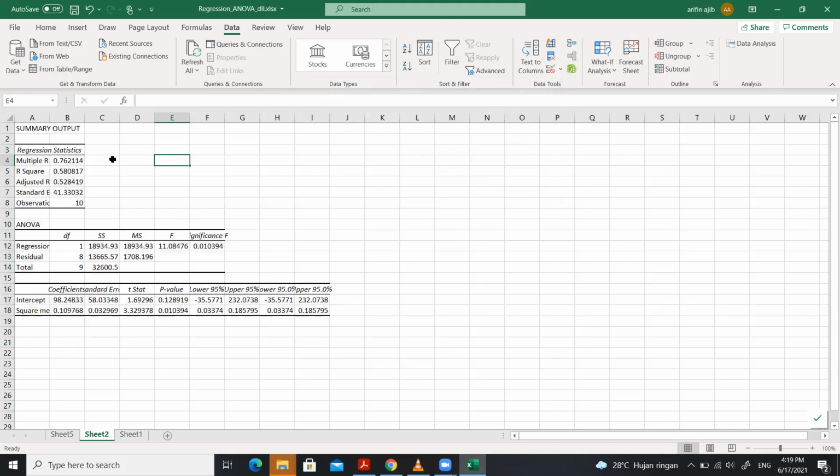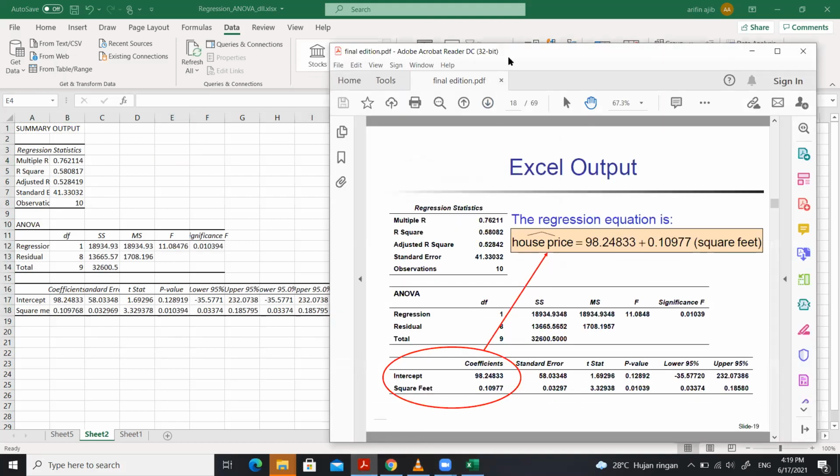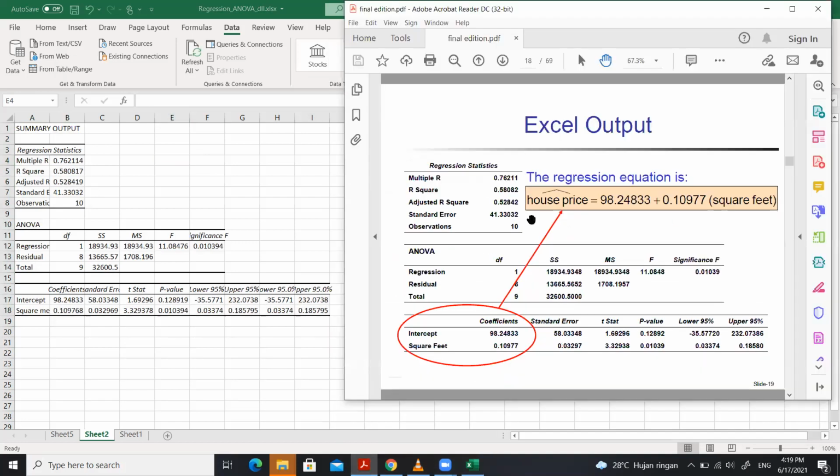You got this output. If we compare to this one, it will be the same as what we computed using the Excel. You can see here the regression statistics, R square, adjusted R square, and so on. Notice particularly this point: the intercept is 98.24, and this is 0.1.